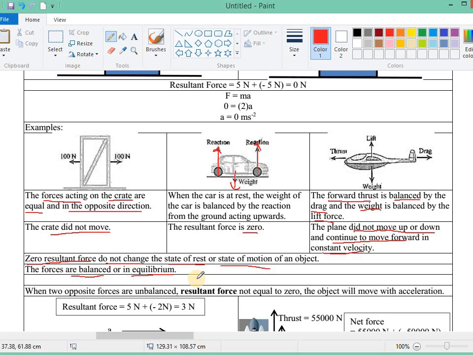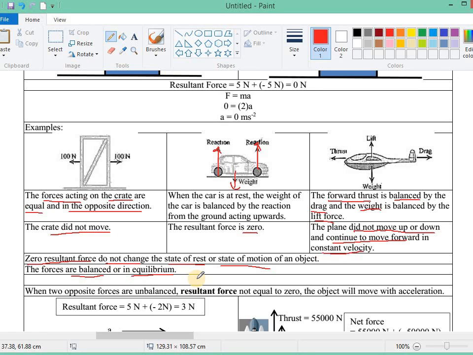When the resultant force is equal to zero, there is no change to the motion of the object, then we say that the forces are in equilibrium. All the forces are equal, balanced. Forces in equilibrium.